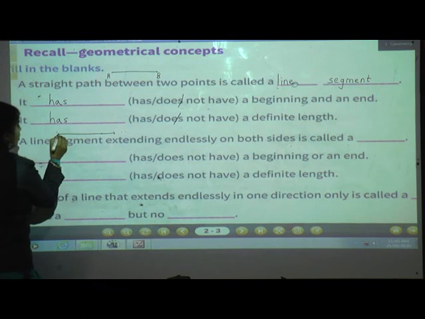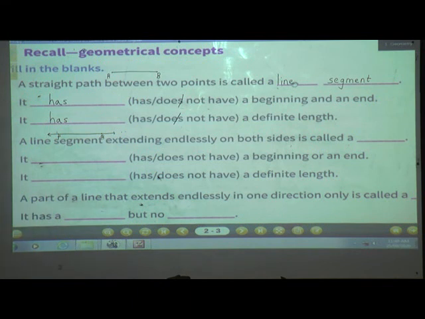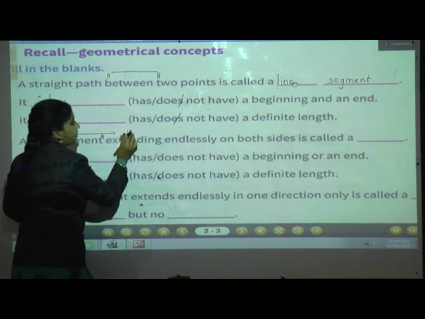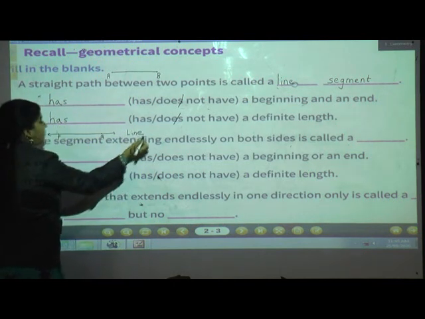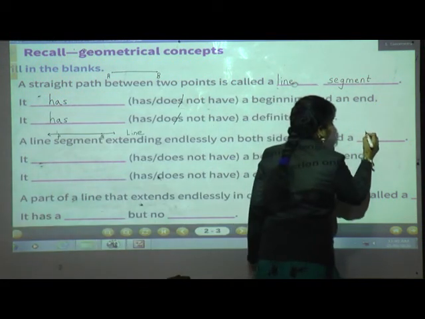What is this? This is a line. So our answer is line.